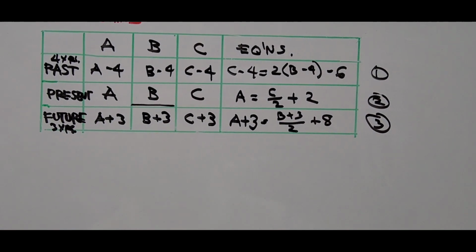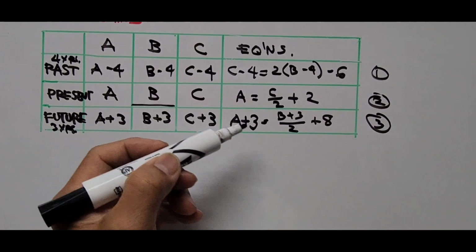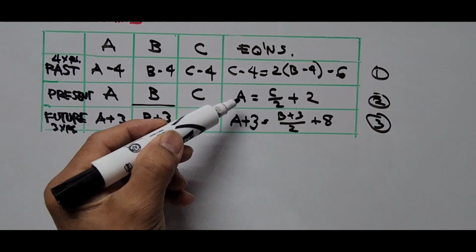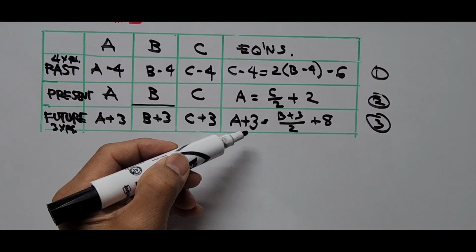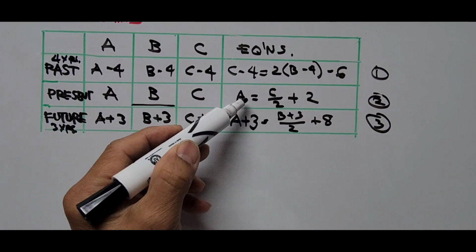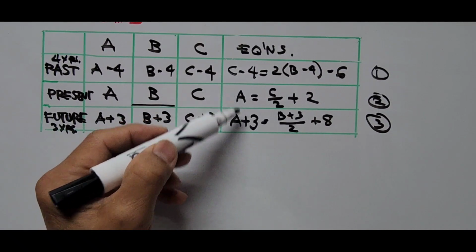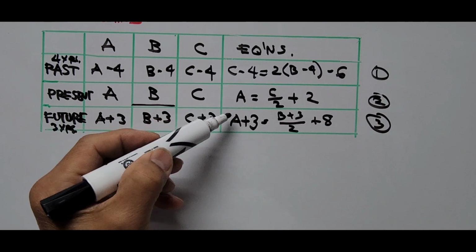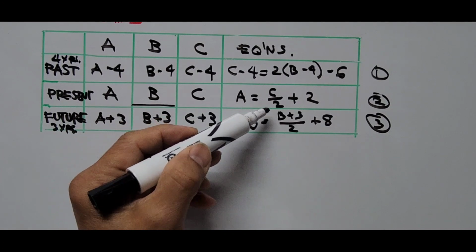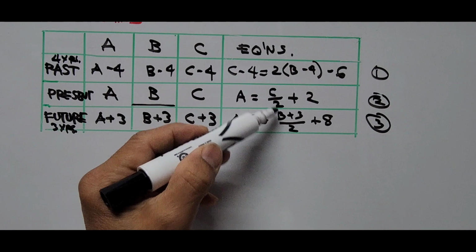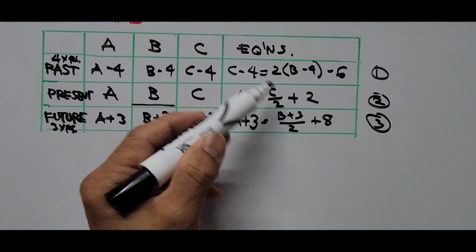Now, if we take a look at our equations on the right hand side of the table, we have A and C here, and below, A plus 3. If you notice, that's A and C variable over here, A and B variable. So if we equate both of these equations, we can have the value of C and B. And then we equate that equation to equation 1.